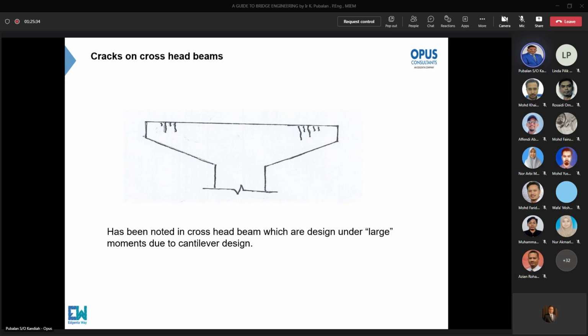Ini biasa untuk pier yang cantilever keluar, di mana kawasan ni is under bending arah ke bawah. Jadi kawasan di atas ni adalah under tension. So it's likely to have some service crack. It may not be serious crack, but it may have service crack untuk jangka masa yang lama.